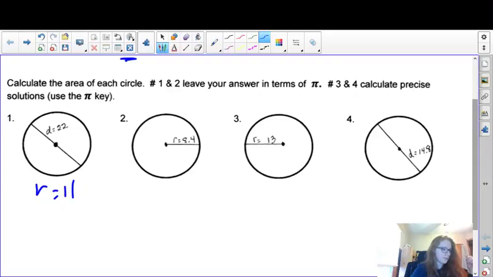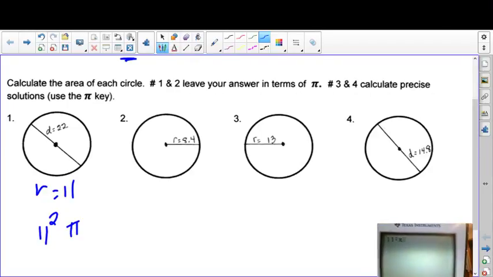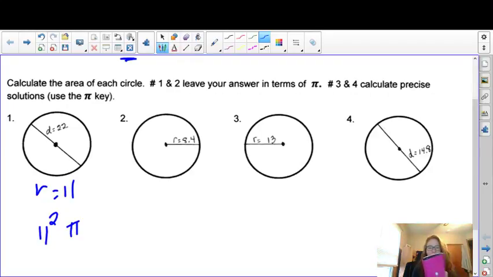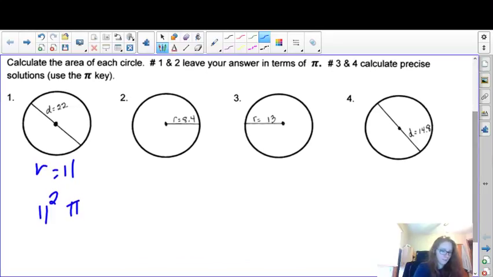So I have 11 squared times pi, and I can type that straight in the calculator just like that. Hit enter, and I get about 380.13.